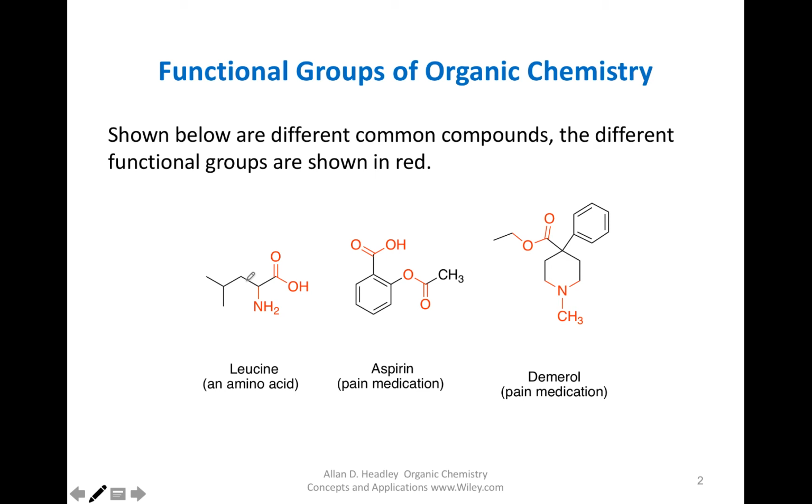Remember, organic compounds contain mostly carbons and hydrogens, but they do contain heteroatoms like oxygen and nitrogen, and of course halogens. So wherever you see a heteroatom, it will be a functional group.